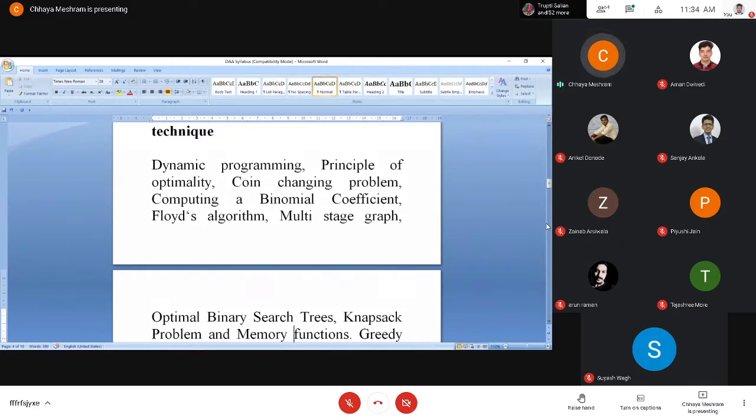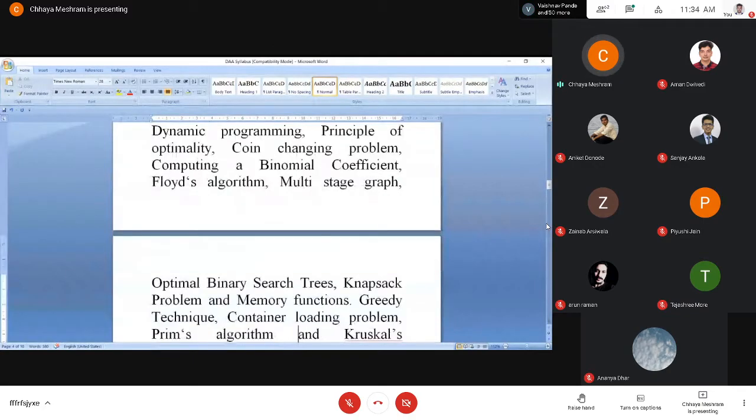For divide and conquer, we can use binary search, merge sort, and quick sort. Third unit is dynamic programming. Under this, we have to study the knapsack problem and Floyd's algorithm.